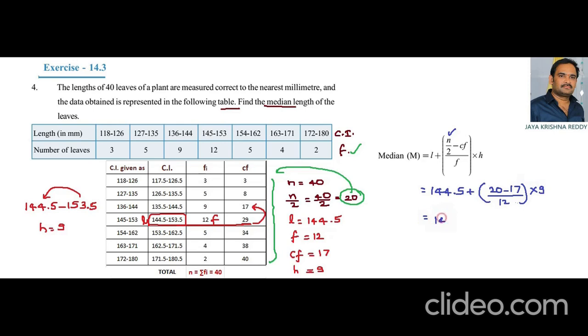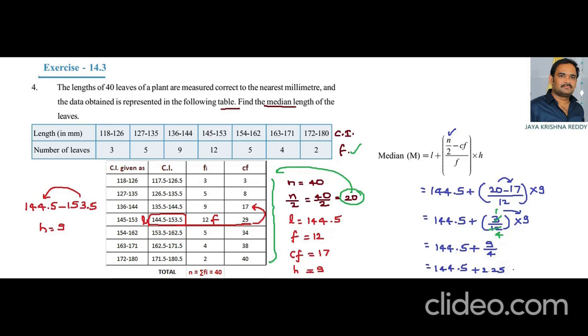So it is equal to 144.5 plus, simplify the numerator, 20 minus 17 is 3, by 12 times 9. You can cancel the numerator 3 with the denominator 12 as 4: 3 ones are 3 and 3 fours are 12. Now 144.5 plus, the numerator is 1 times 9, it is 9, by denominator 4. So it is equal to 144.5 plus 9 by 4, which is 2.25.